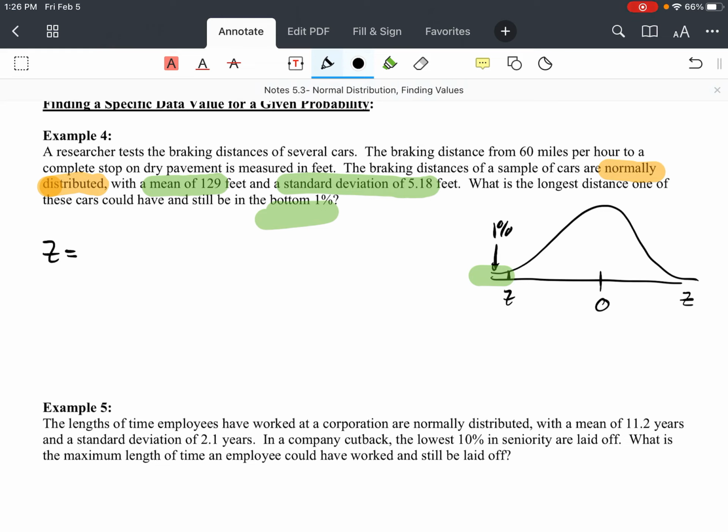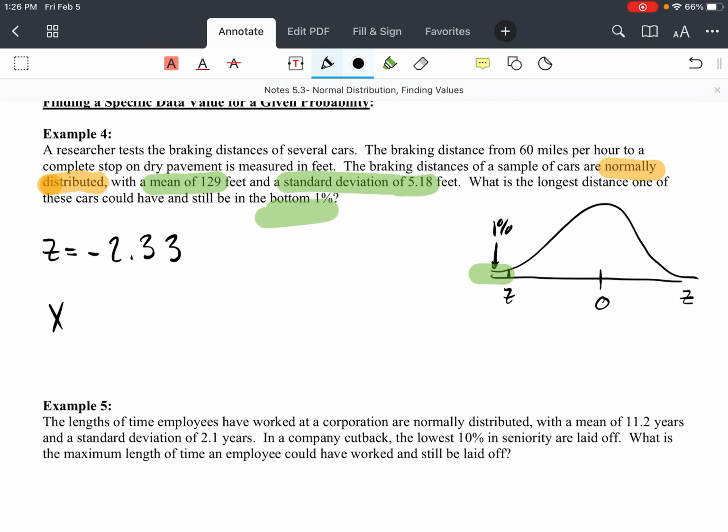Okay, I apparently forgot to do this part. So second vars down to inverse norm, the area is 0.01. And you get a z-score of negative 2.33. So this represents the position where 1% is behind it.